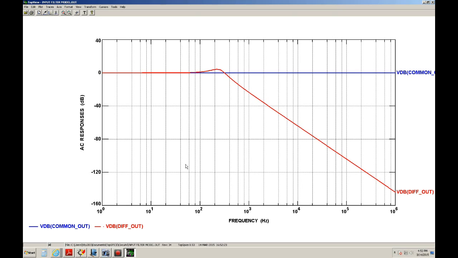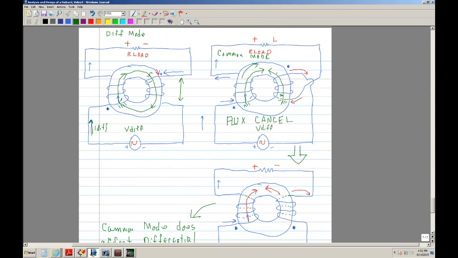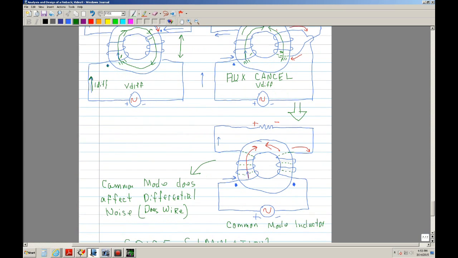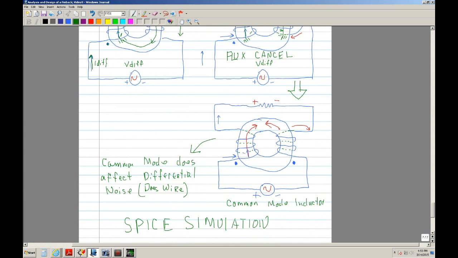For a moment there, I thought I was having another senior moment. Seems like I'm getting more senior moments as I get older. But anyway, here's the common mode, so basically no attenuation. And if you notice right here, the red, you have attenuation. So basically the SPICE analysis confirms this analysis, which is just using the principles of your right hand rule. You can draw this out and try it for yourself, and then you can also do the simulation.